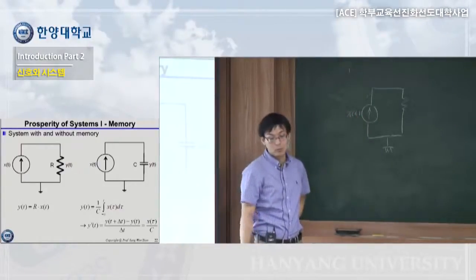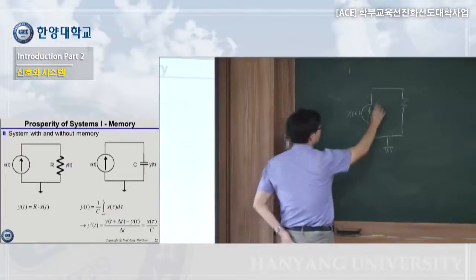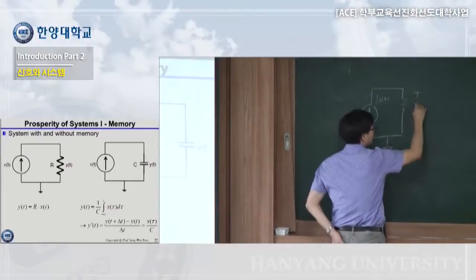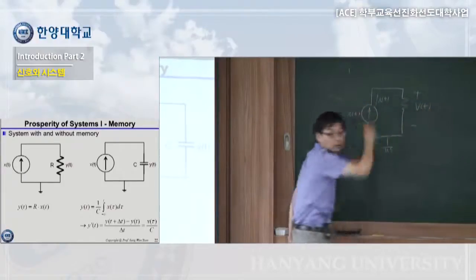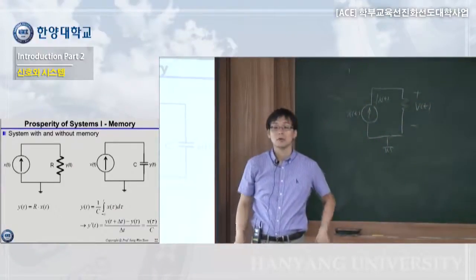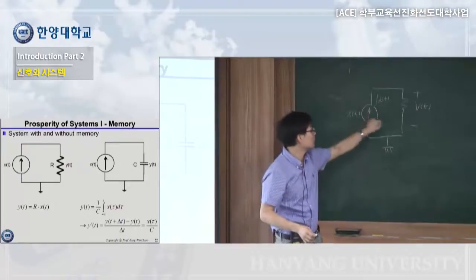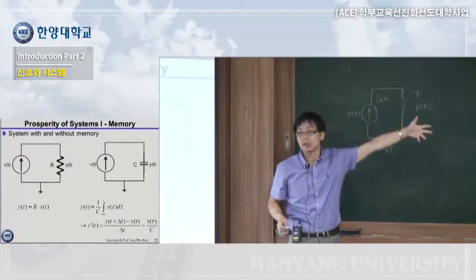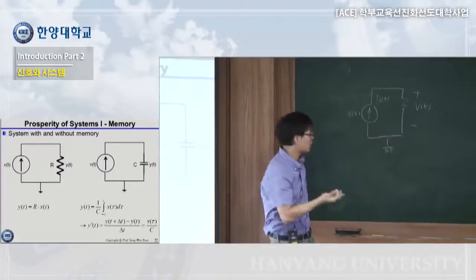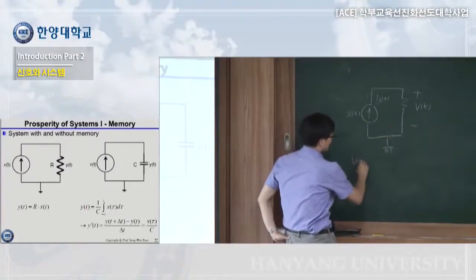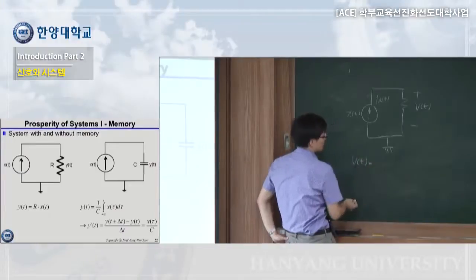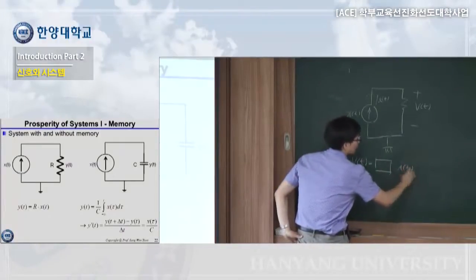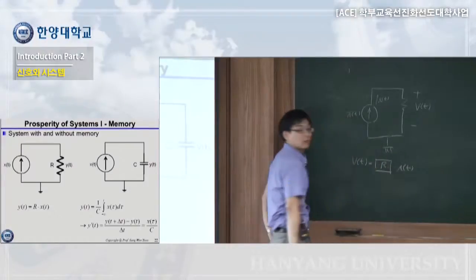There's a current, this is the input, and there's a voltage, which is the output. Input to the system is current, output coming out of the system is a voltage. How do we define the relationship? It is something times input, which is the resistor, right?